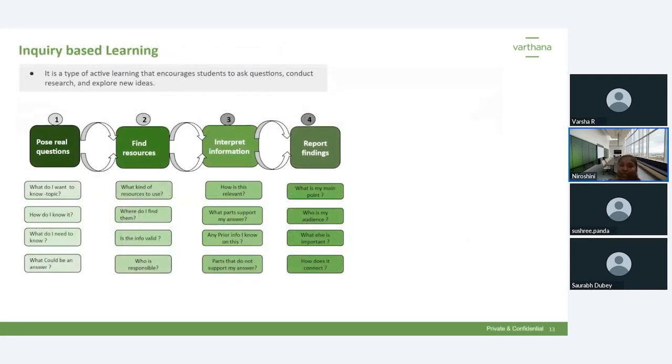Let's start with inquiry-based learning. This is basically an active learning method where children are encouraged to ask questions, to understand the concept better. Then they conduct research on it and explore new ideas.